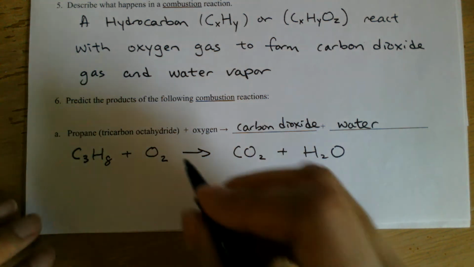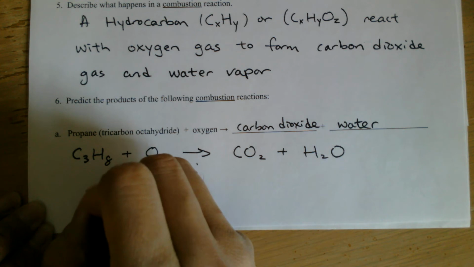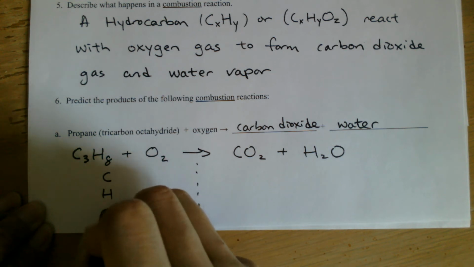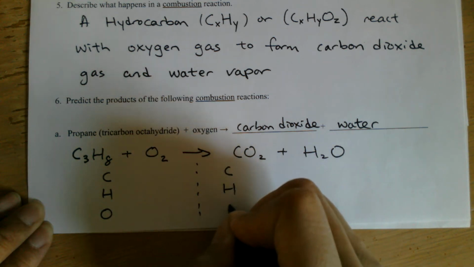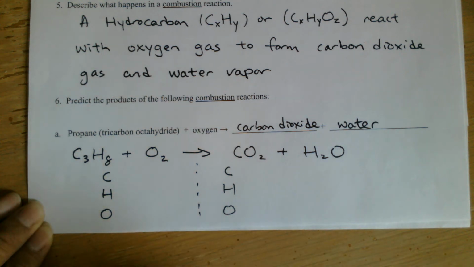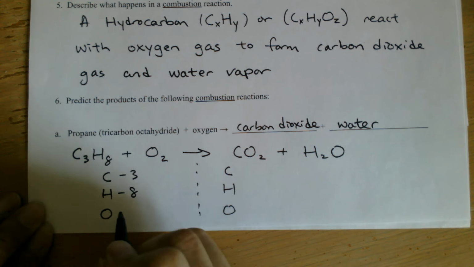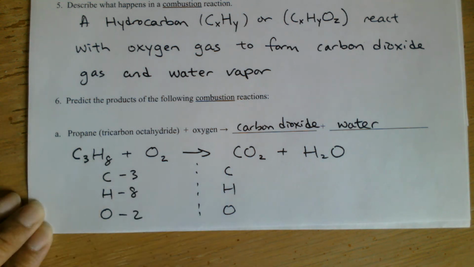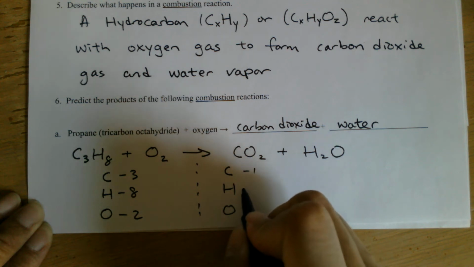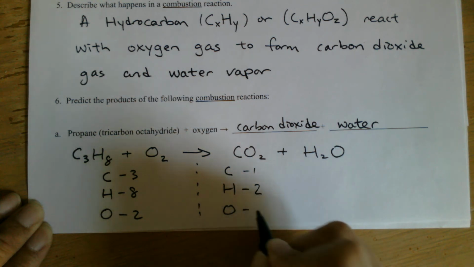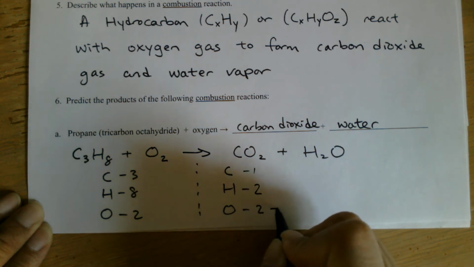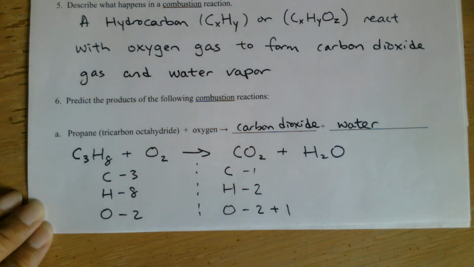To balance this, we are going to list out our number of carbon, hydrogen, and oxygen on both sides. On the left side, we have 3 carbons, 8 hydrogens, and 2 oxygens. On the right side, we have 1 carbon, 2 hydrogens, and 2 plus 1 oxygens.